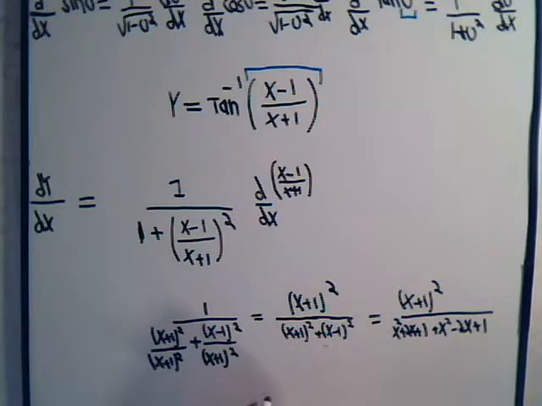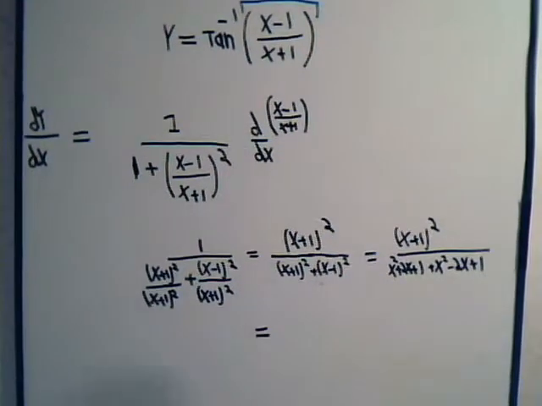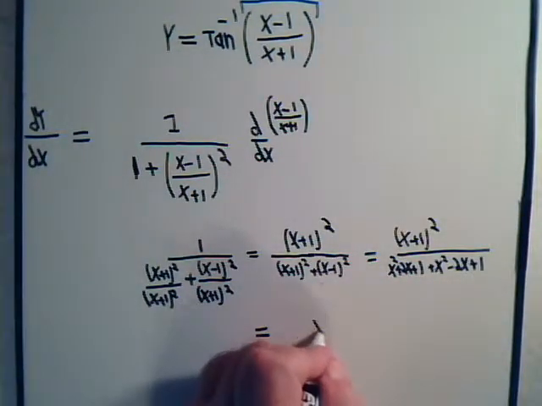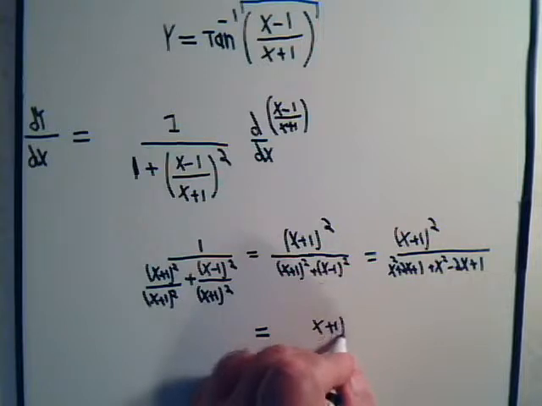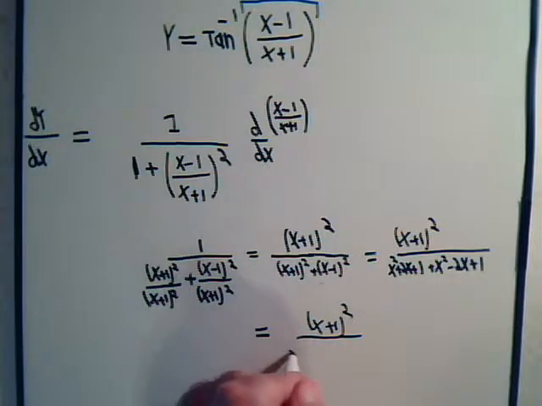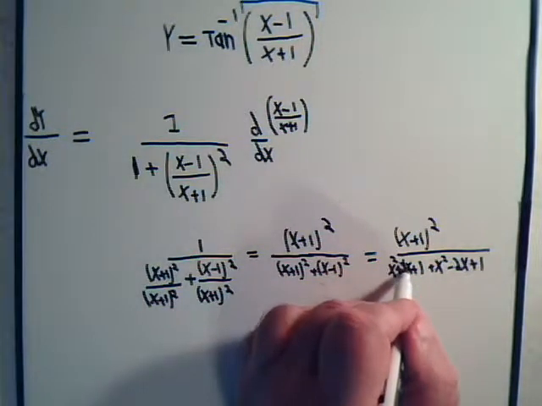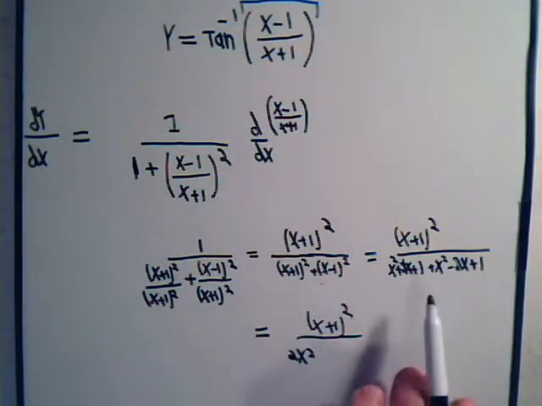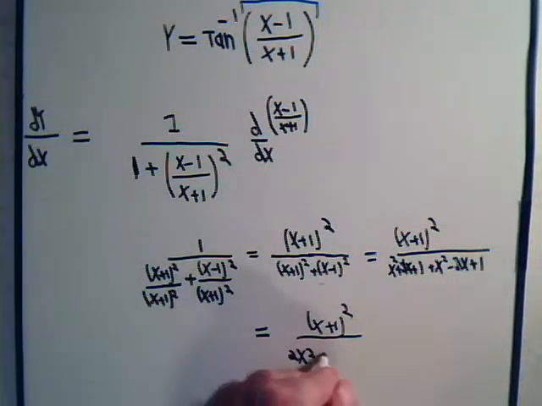So this will equal x plus 1 squared, and here we have x squared plus x squared, 2 times x squared, plus 2x minus 2x. Those cancel. We have plus 2 here.